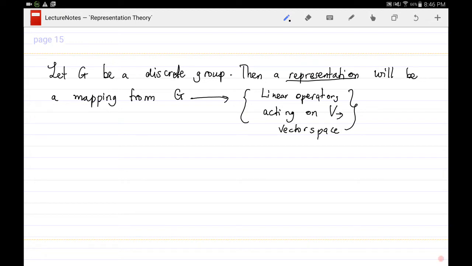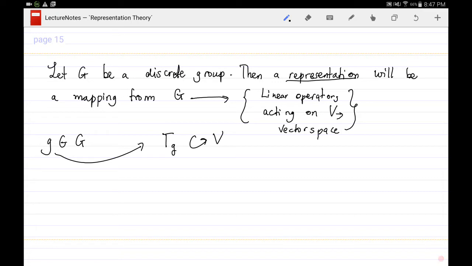Now, specifically, we get a g in G, and then this tells us that we must produce a T_g that will act on V.